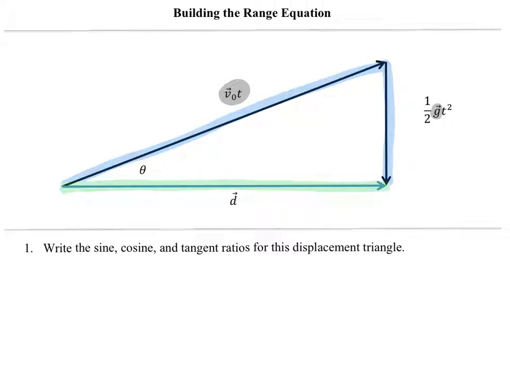Acceleration has units of meters per second squared. Time squared is second squared. So what would the units be of 1/2 gt squared? You have meters per second squared times second squared. Meters per second squared times second squared will give you meters, which is distance.